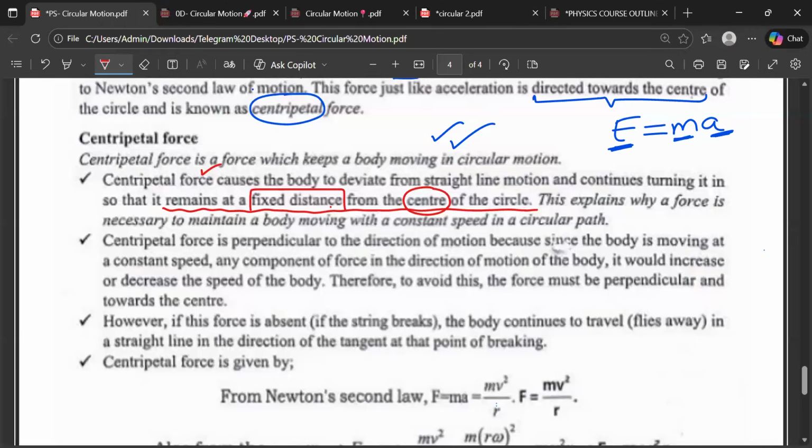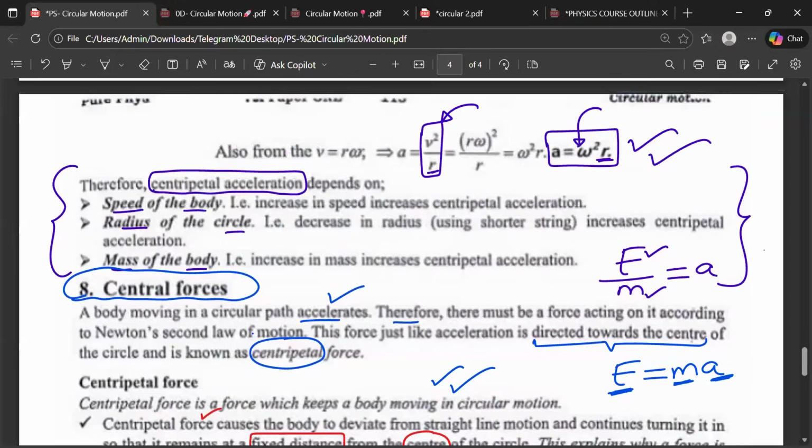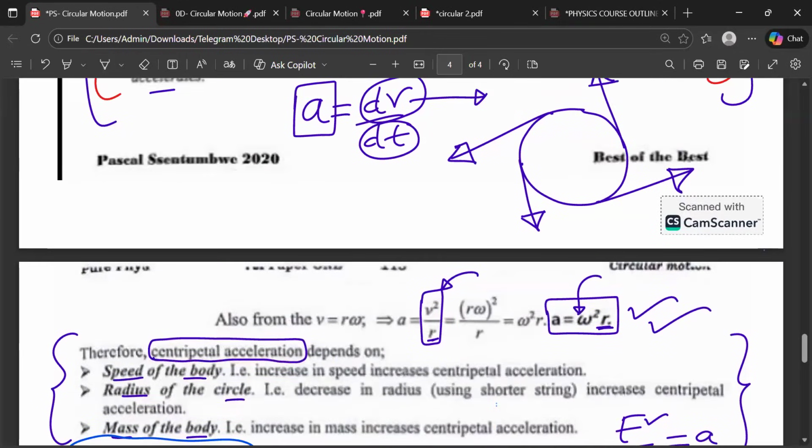Is that hard? Saying centripetal force is perpendicular to the direction of motion. I don't think that is hard. You look here. We very well know that centripetal force is acting towards the what? The center. Look at all those points. Don't you see the perpendicularity coming in?